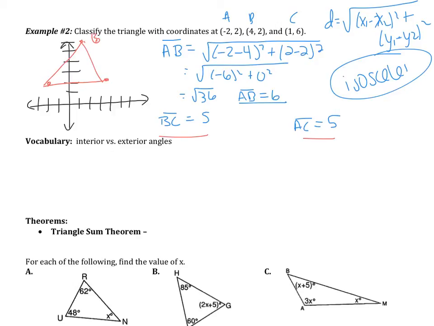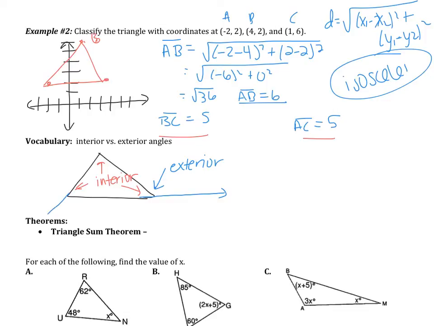Next, we're going to move on to some more vocabulary. That vocabulary is interior and exterior angles. So if I draw myself a triangle, as you can probably guess, these angles on the inside, these are called interior angles. The exterior are more difficult. The exterior happen when you continue a side. So this would be an exterior angle.